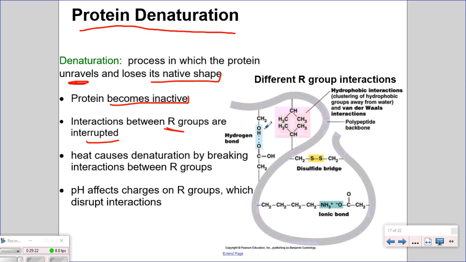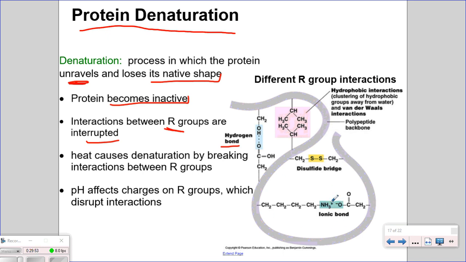The tertiary structure is held in place by these various R group interactions. R groups that are capable of forming hydrogen bonds are going to help stabilize the structure. In areas of the protein where you find nonpolar amino acids, the R groups on the nonpolar amino acids are going to tend to interact preferentially with each other. So these are the hydrophobic interactions.